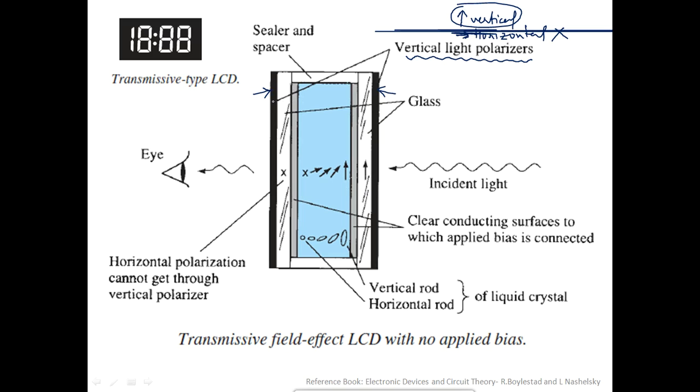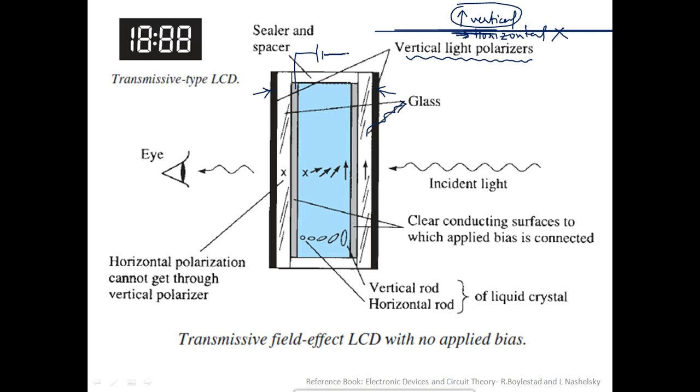Then attached to these vertical polarizers, we have 2 layers of glass on either side, left hand side as well as right hand side. So this region is glass. Then internally, again we have 2 clear conductive surfaces, to which we apply external bias.